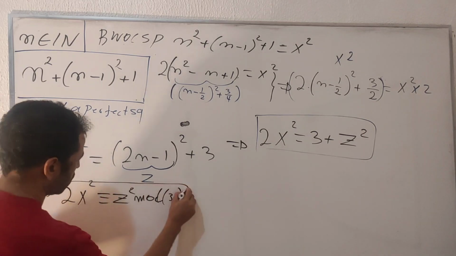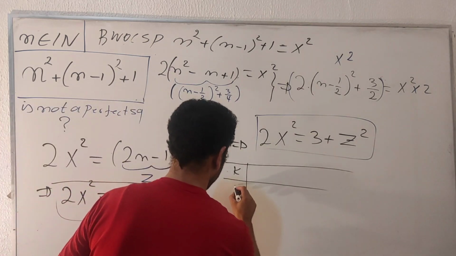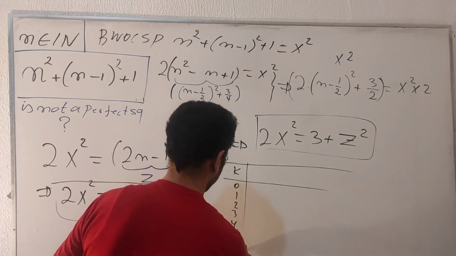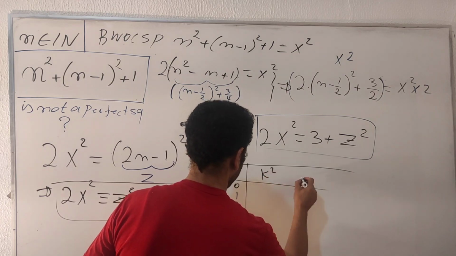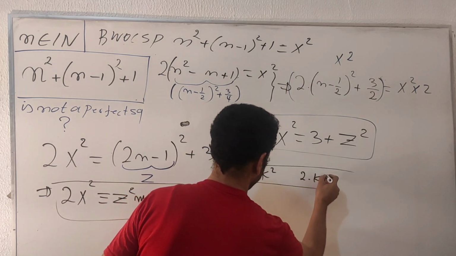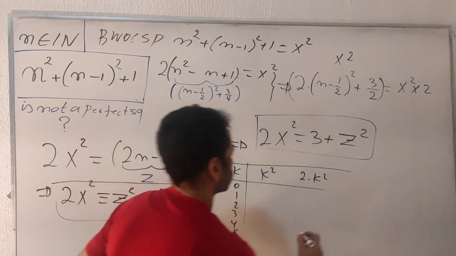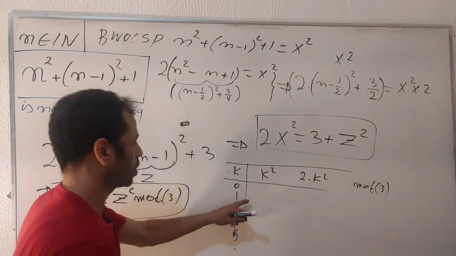Let's go through the chart. I get the following values: 0, 1, 2, 3, 4, 5, and so on. Let's put k squared, and let's put 2 times k squared. Let's check the remainders when you reduce mod 3. I get 0 here.